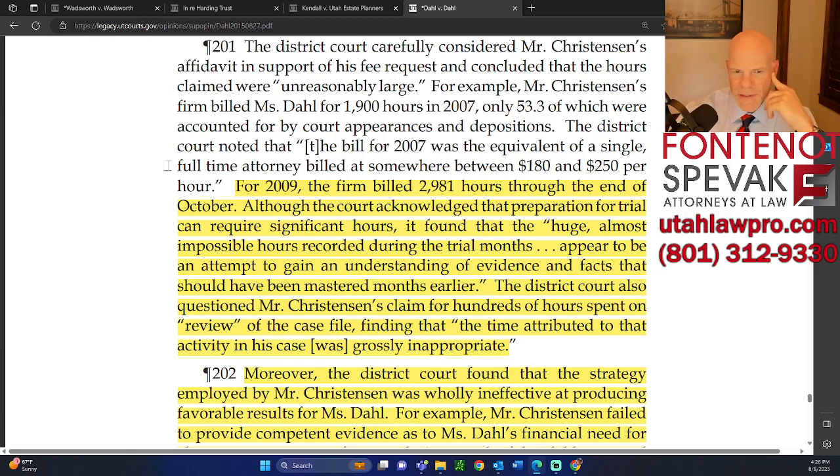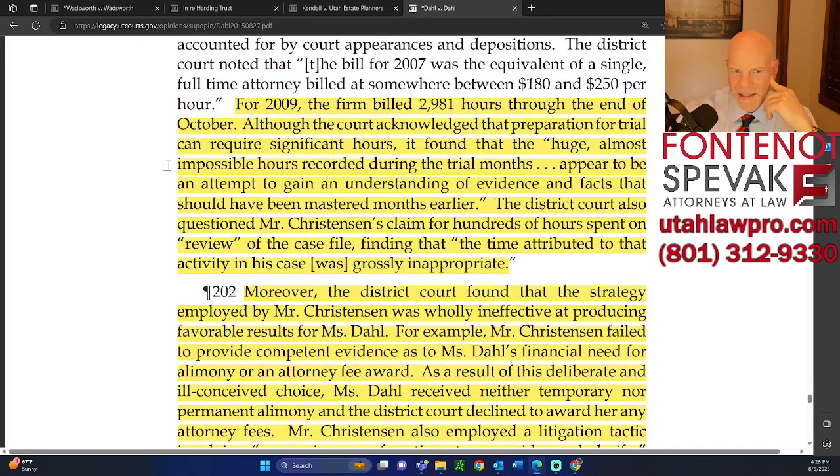The district court also questioned Mr. Christensen's claim for hundreds of hours spent on review of the case file, finding that the time attributed to that activity in his case was grossly inappropriate.